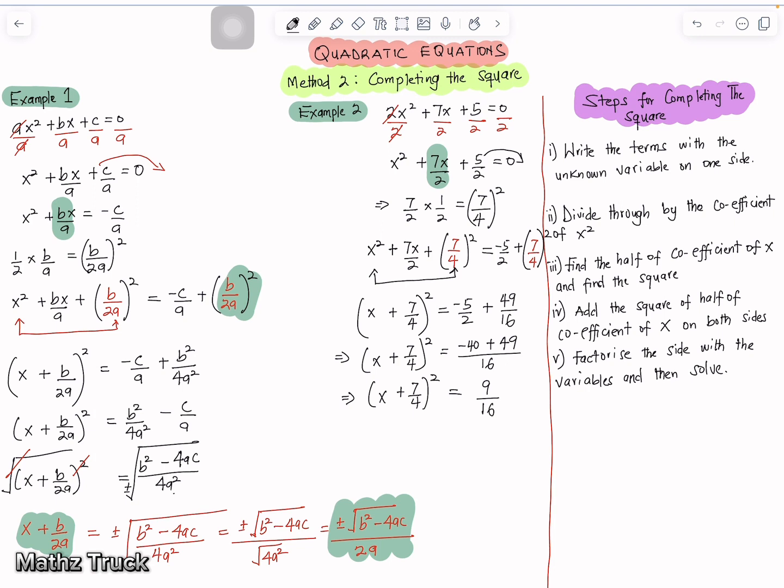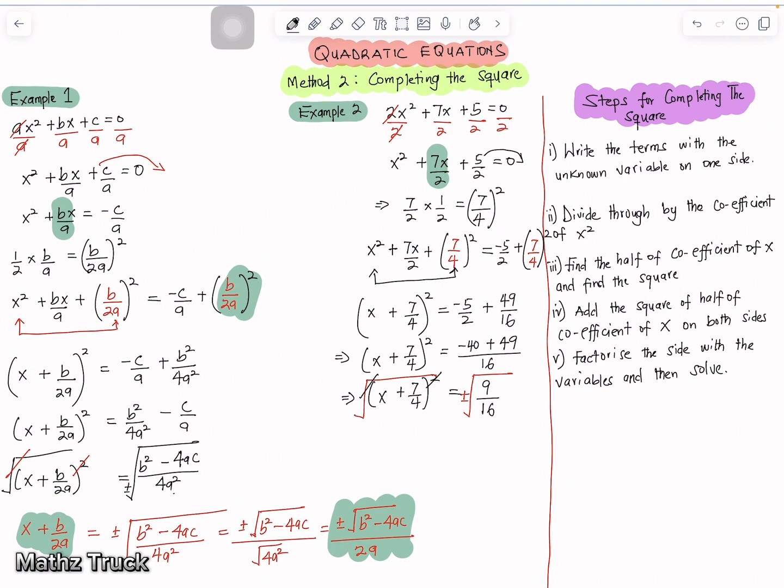Now, finding the square roots on both sides, we introduce a square root here. Whatever you do on the left side, you do the same thing on the right side. So this is going to be plus or minus. This square root automatically takes our square off.